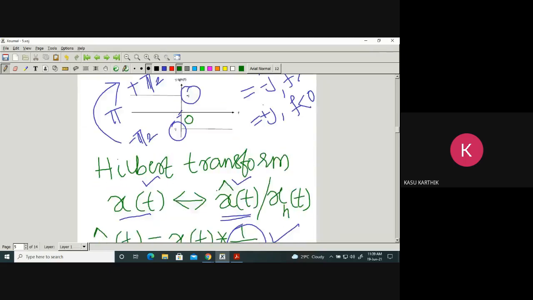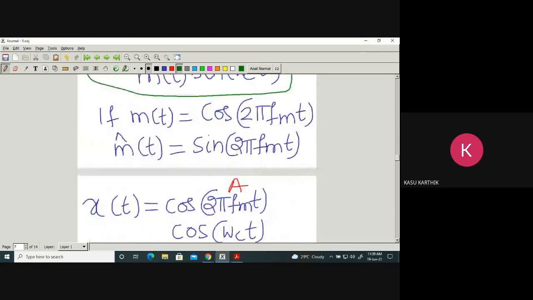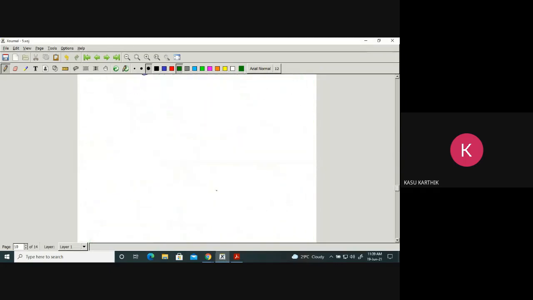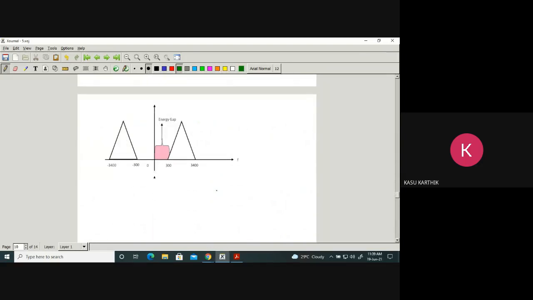So let us go to this. Single sideband modulation is well suited for transmission of speech because of the energy gap that exists in the spectrum of the speech signal between 0 and a few hundred hertz. Just now I mentioned this is the spectrum of the speech signal, which has a null at DC or very low power at zero frequency.